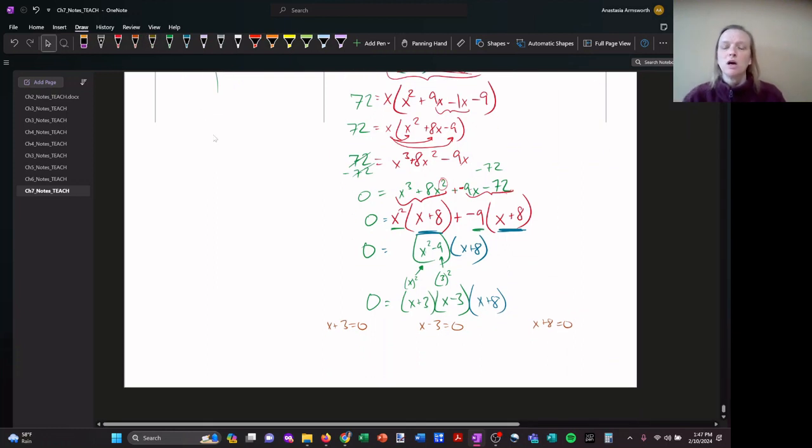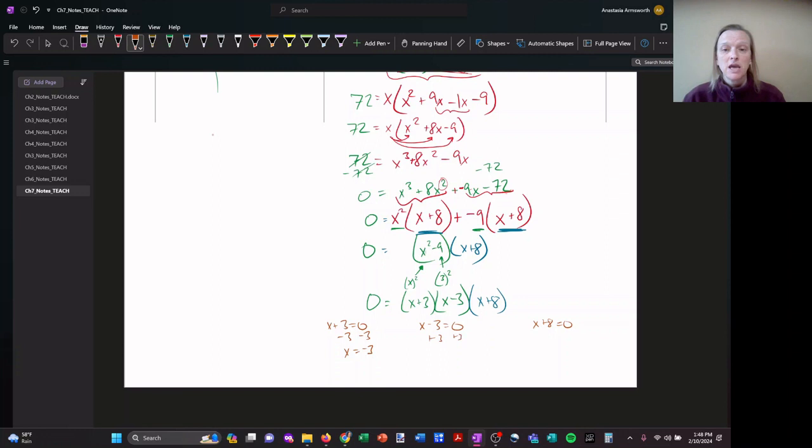Solving each of those equations, I subtract 3 from both sides and get x equals negative 3. I add 3 to both sides and get that x equals positive 3. I subtract 8 from both sides and get that x equals negative 8. So I've determined the roots of this polynomial. Mathematically, all of these are solutions.